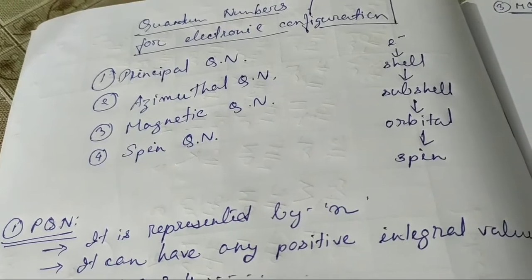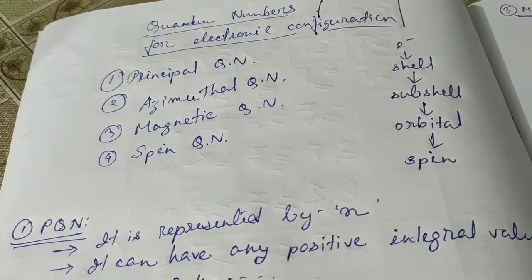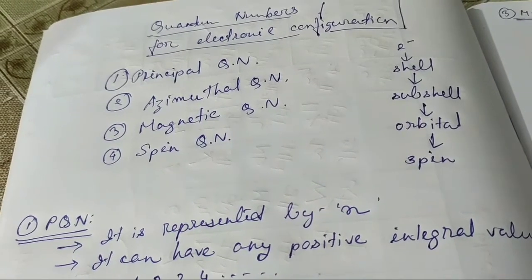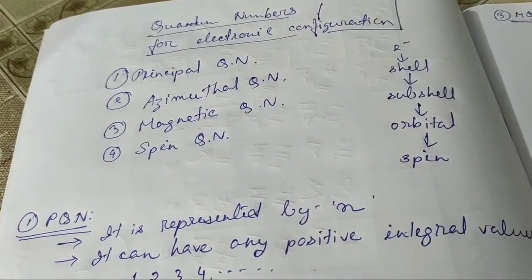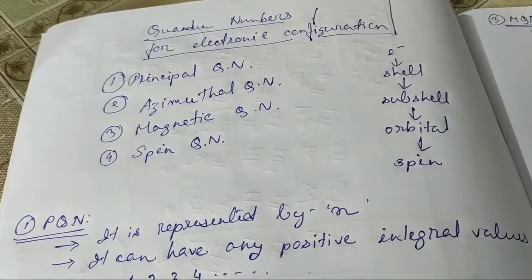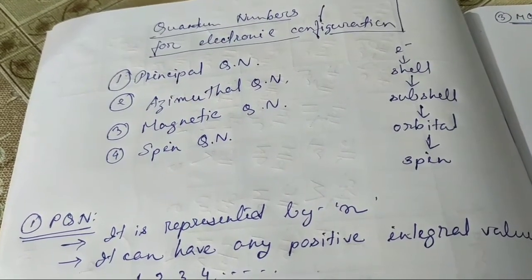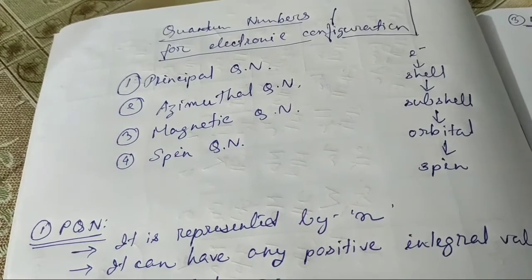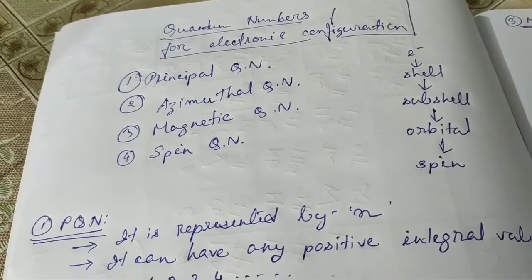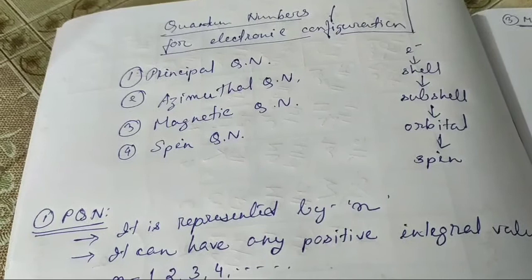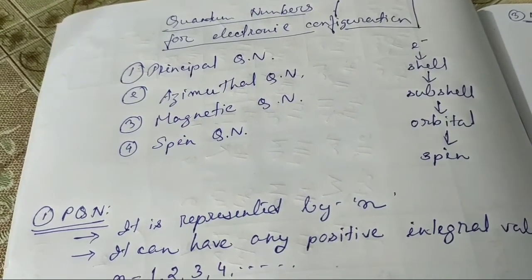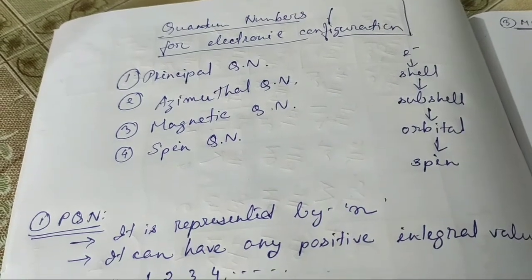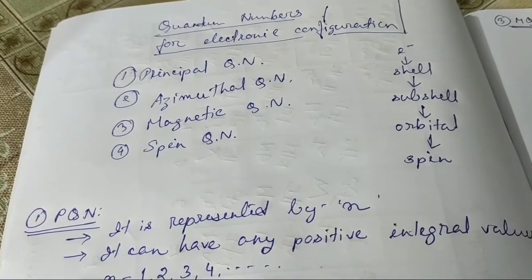Similarly, the quantum numbers will give you the number of orbit, number of orbital, and the subshell in which the electron is exactly present in the element. So basically we can say the quantum numbers in combination will give you the total address of an electron in an element.